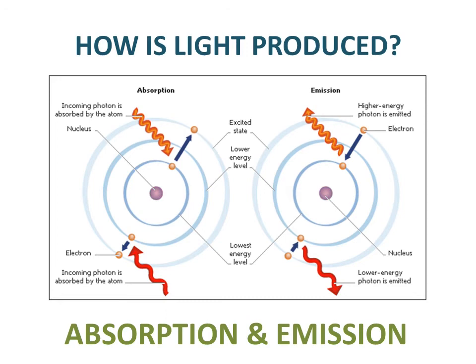When it is in the third orbit, it is in a high energy state and higher energy levels are unstable, which means the electron cannot stay there for a long time. Somehow it will try to come down to a lower energy state which is more stable. So that is what is happening here. This is the de-excitation process. This arrow indicates that this electron is moving from the third orbital to the second orbital.